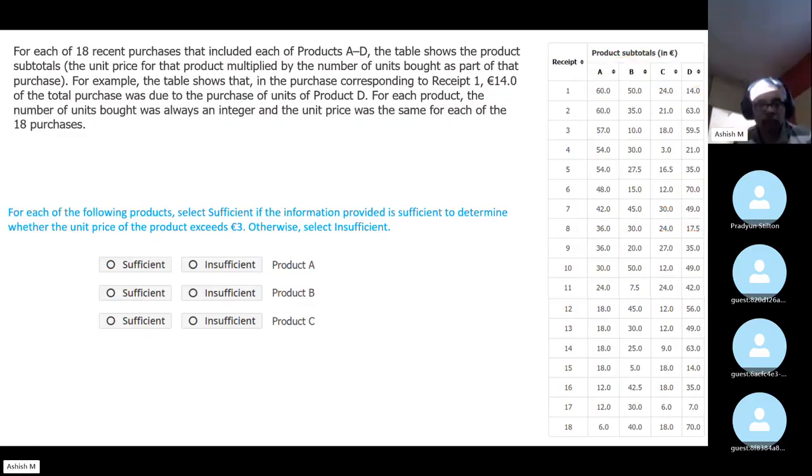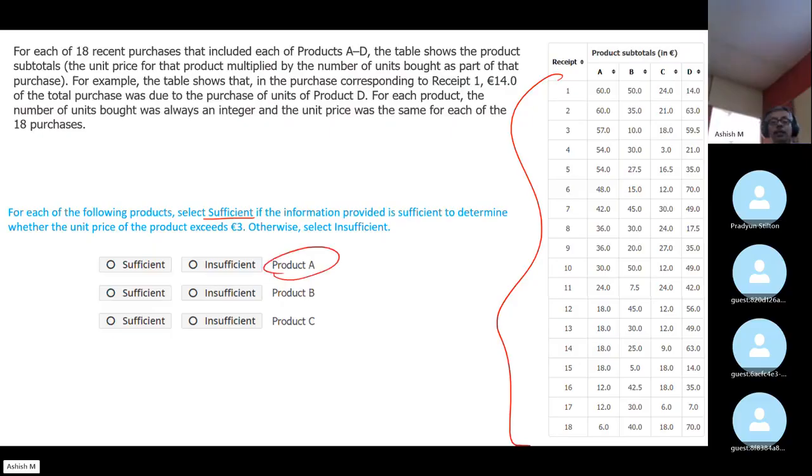Okay. For each of the following products, select sufficient if the information provided is sufficient to determine whether the unit price of product exceeds 3 euros. Tell me, is the information provided sufficient to indicate that the unit price of product exceeds 3 euros? Again, reiterating, is the given information sufficient for us to conclude whether the unit price of product A exceeds 3 euros?